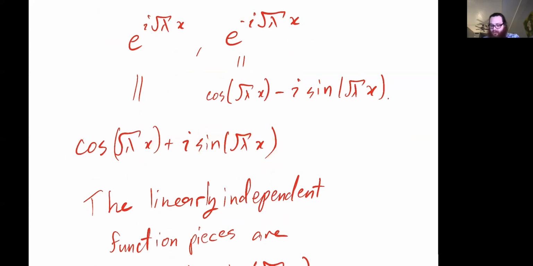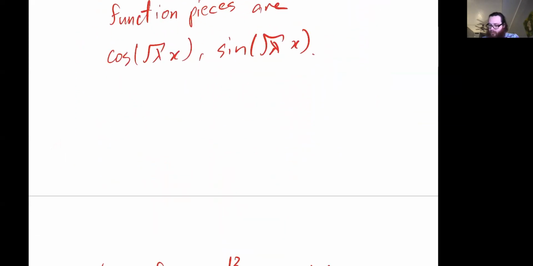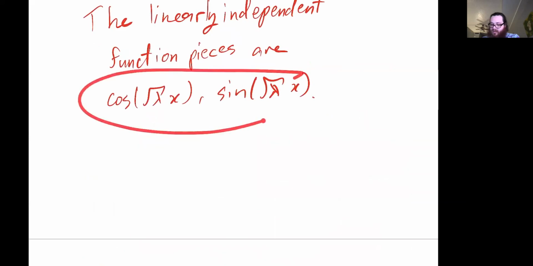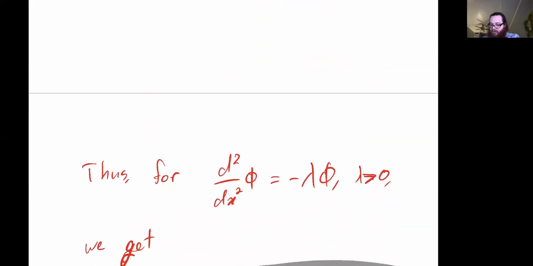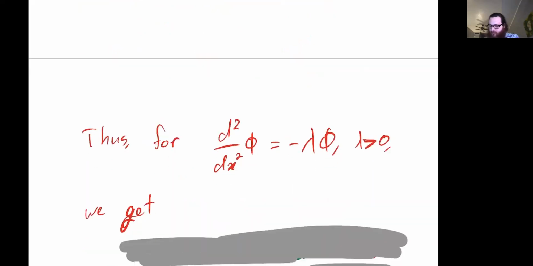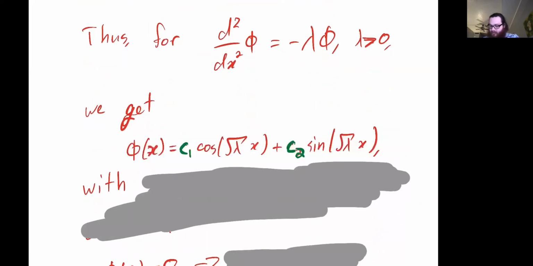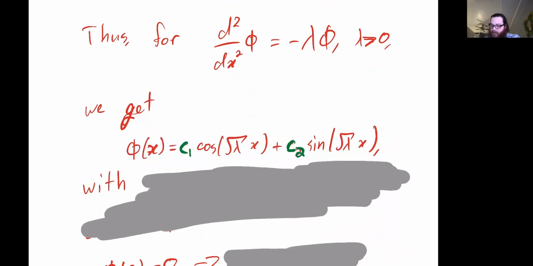For our purposes, we're just going to take these two pieces, take linear combinations of those, and say any other solution we can get in this way. You can also directly check by taking each of these functions, plugging them in for phi, and verifying that this holds, which would be another method.